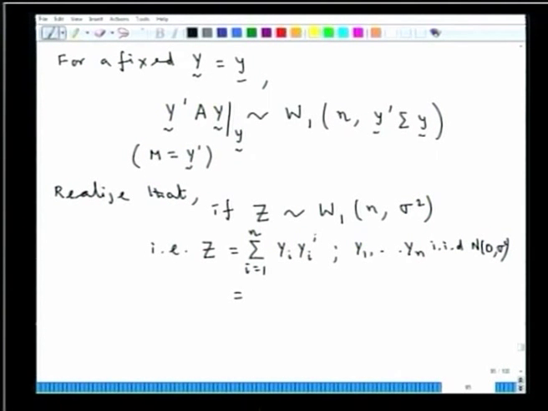One can remove the transpose because these are scalar random variables, so this is nothing but the summation of yi squared.